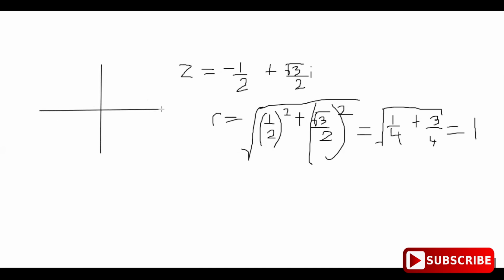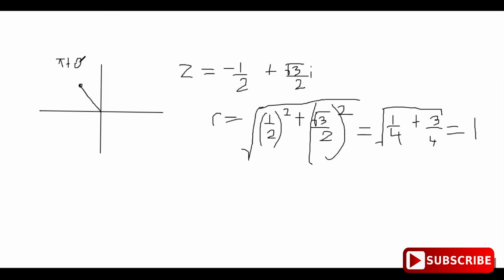Now that we found r, always draw the Argand diagram to see where we're looking at. x is -1/2, and so we're in the second quadrant. In the second quadrant, it is pi plus theta.